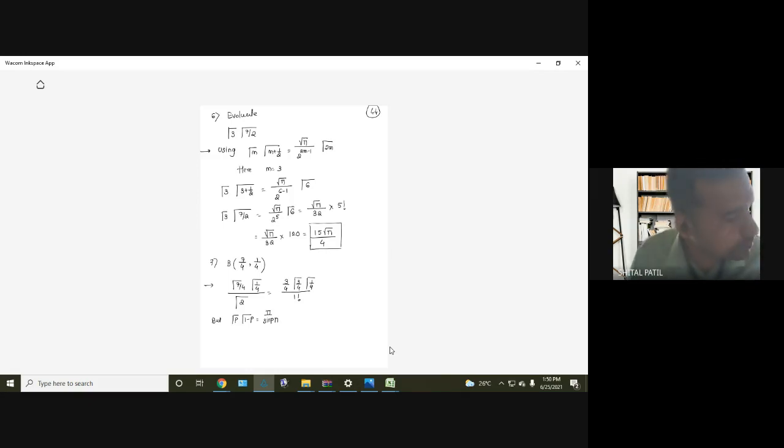In the previous example, we solved it. Root 2 pi was the answer. You can cross check it.